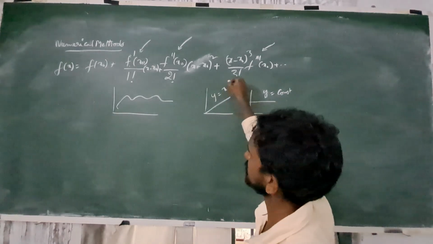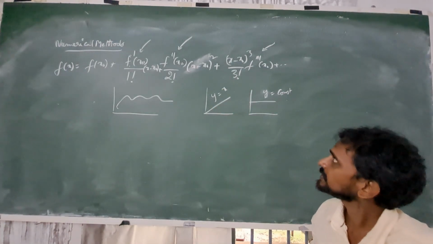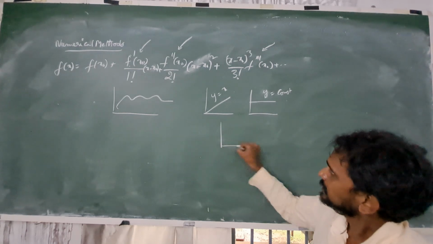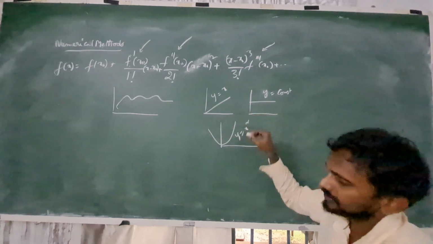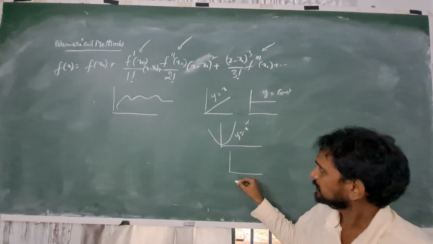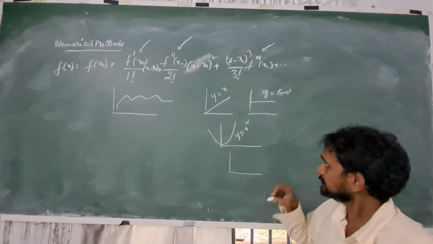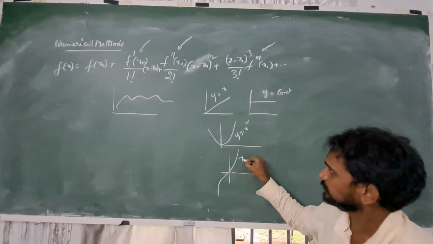This is the graph of y is equal to x. Right? This is the graph of y equal to x. And next, let's say this is the graph of y is equal to x square. Another graph, x cube. It may look like this, x cube.